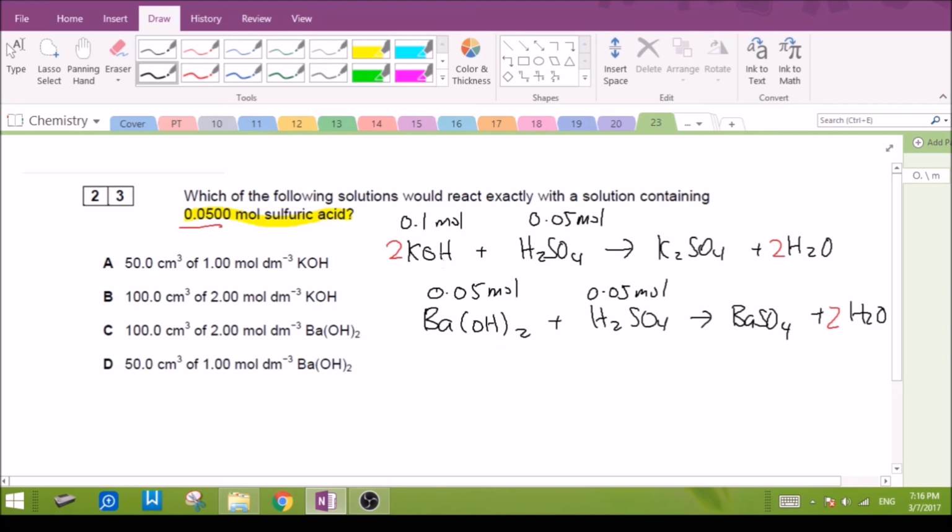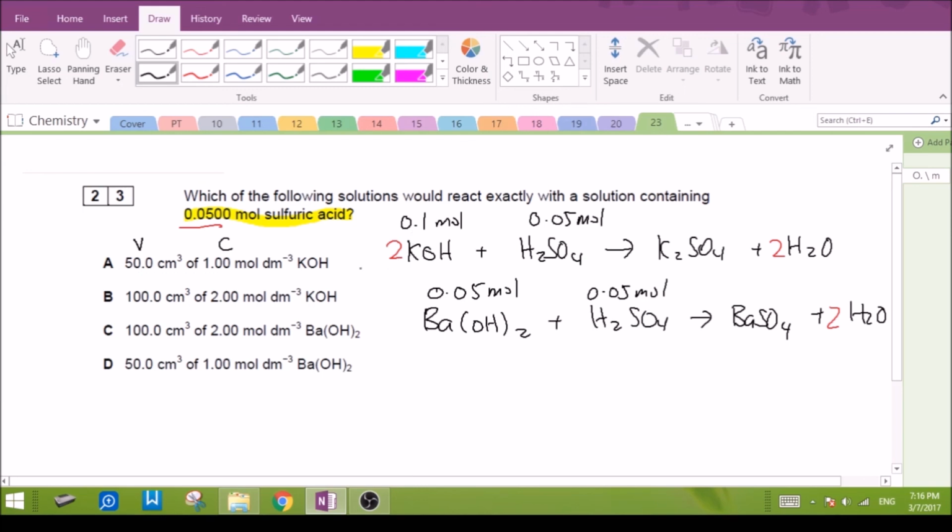So once we establish this, we will just need to check which of the options fulfill either potassium hydroxide or barium hydroxide. So we have the volumes here and then the concentration, keeping in mind to convert the volume into dm³. So for the first one, we have 50/1000 multiplied by concentration, which is 1.